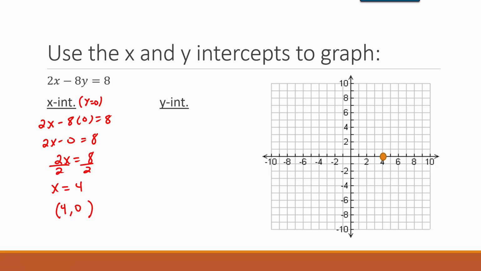The y-intercept has an x-coordinate of 0, so I will do just the opposite. I will write that same equation. However, this time I will replace x with 0. So 2 times 0 is 0. 0 minus 8y is simply negative 8y.